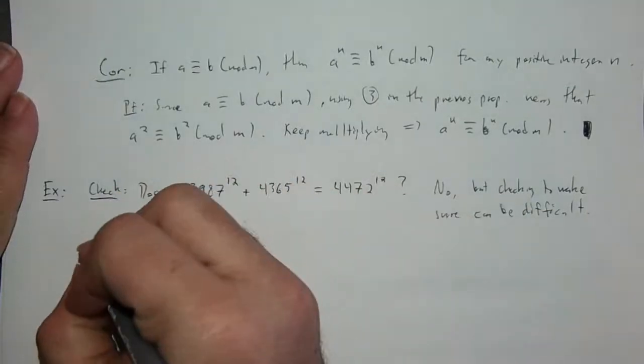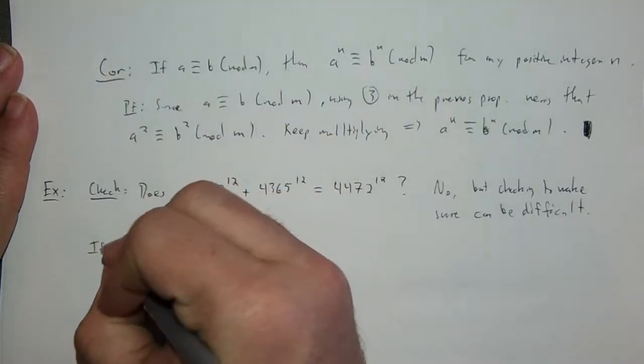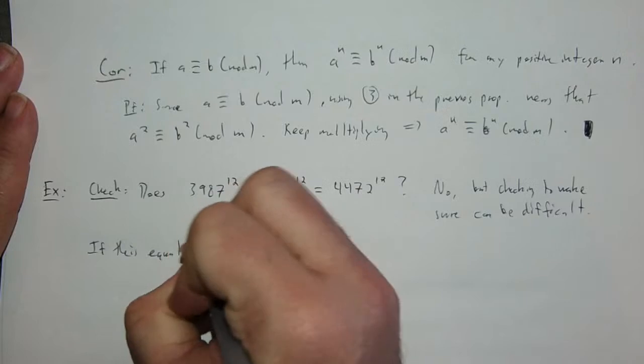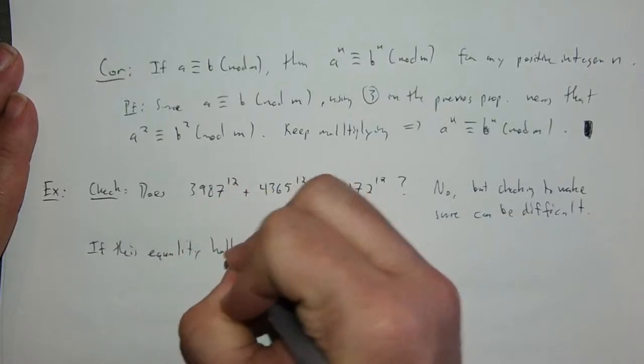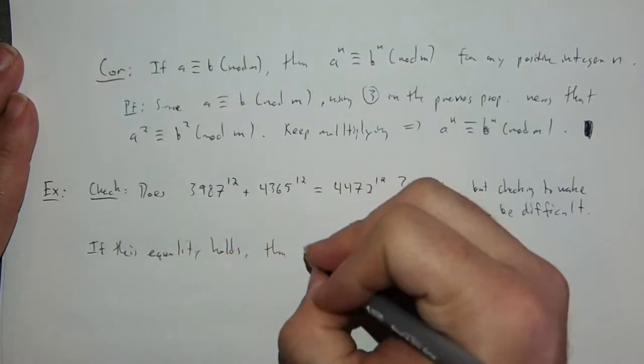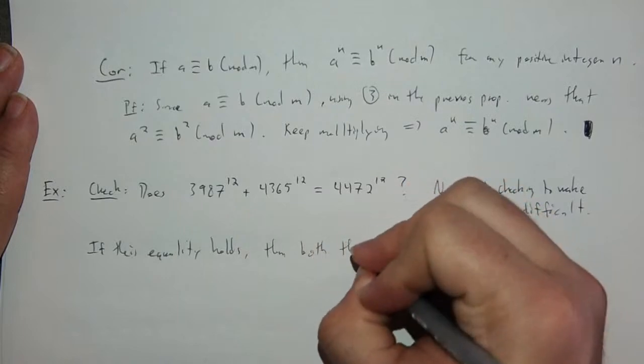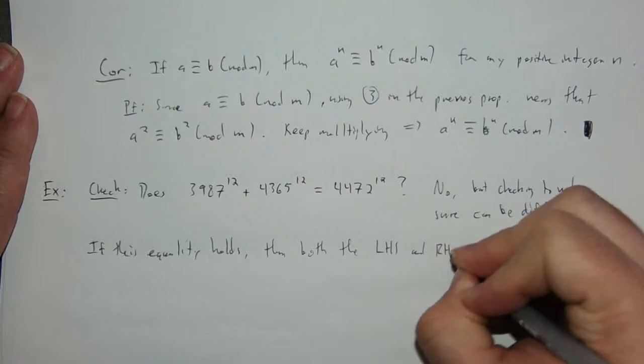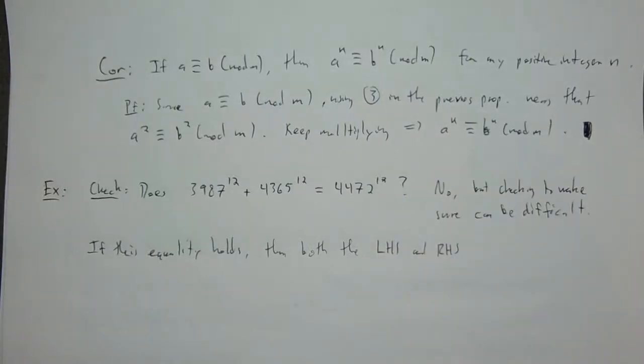Okay, so if this equality holds, then both the left-hand side and right-hand side, since they're equal, they must be congruent mod m for any m.